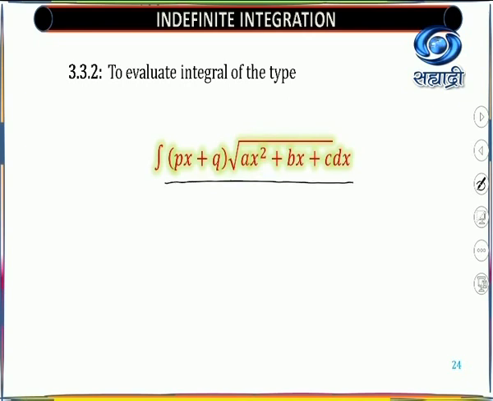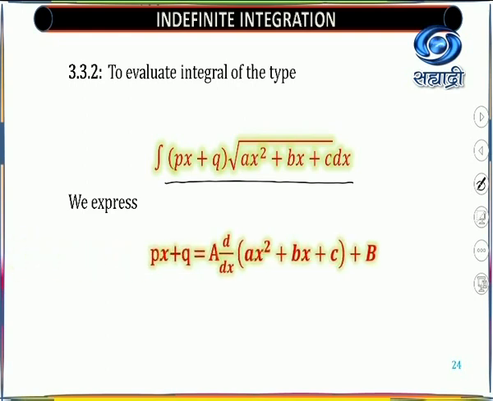Previously it was in the denominator. Here you are having a product. So what you have to do is replace, or express, px plus q. In what way are you able to express that? px plus q equal to a into the derivative of whatever is inside the root sign, ax square plus bx plus c, plus b.